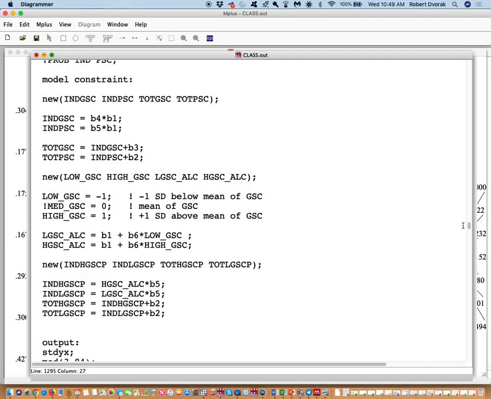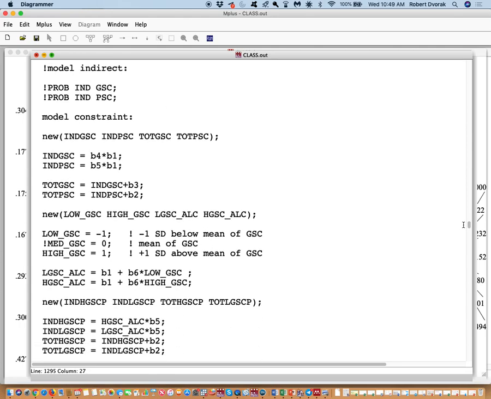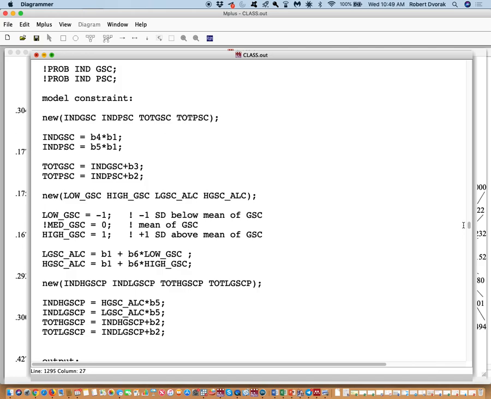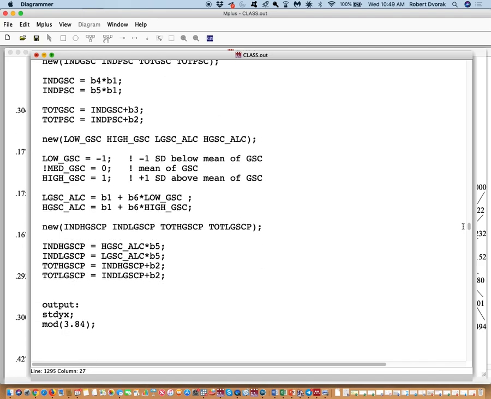It's times B5. Wait, what is your B5? Is it PSC on ALK? Hmm. Can you bring your computer over here so I can kind of look at it next to mine?